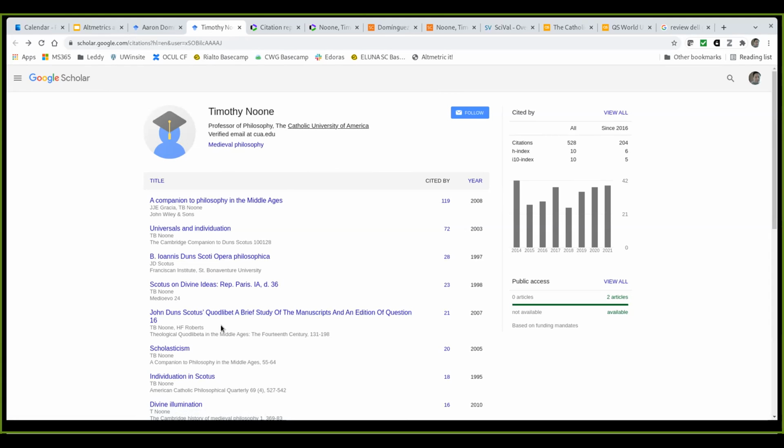There are some here, and he has published in some journals and whatnot. But you get a sense that it's really dependent on the disciplinarity of the researcher involved on how much information you're going to be able to get.